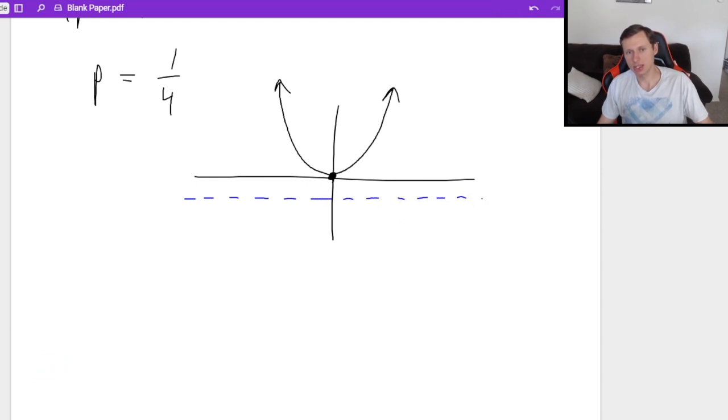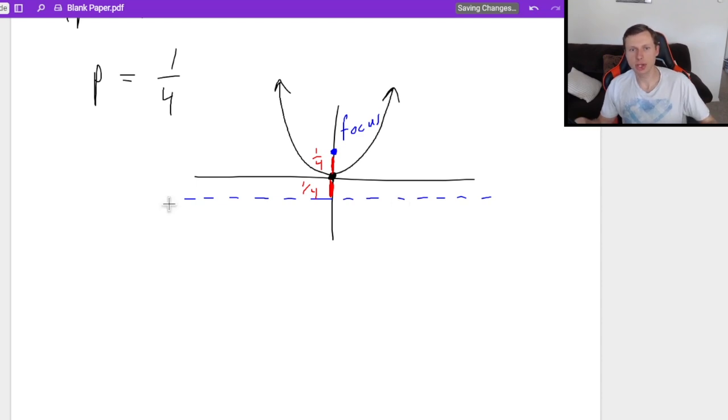So this distance, from my vertex to my blue line, is 1/4. Very small. It is also the distance to the focus of my parabola. The focus is also going to be a distance p away, so a distance of 1/4 away from my vertex.